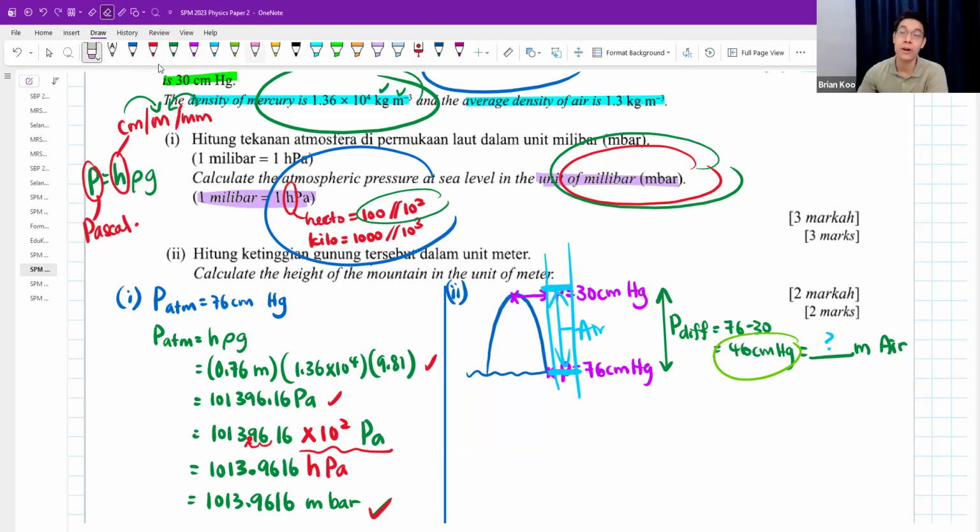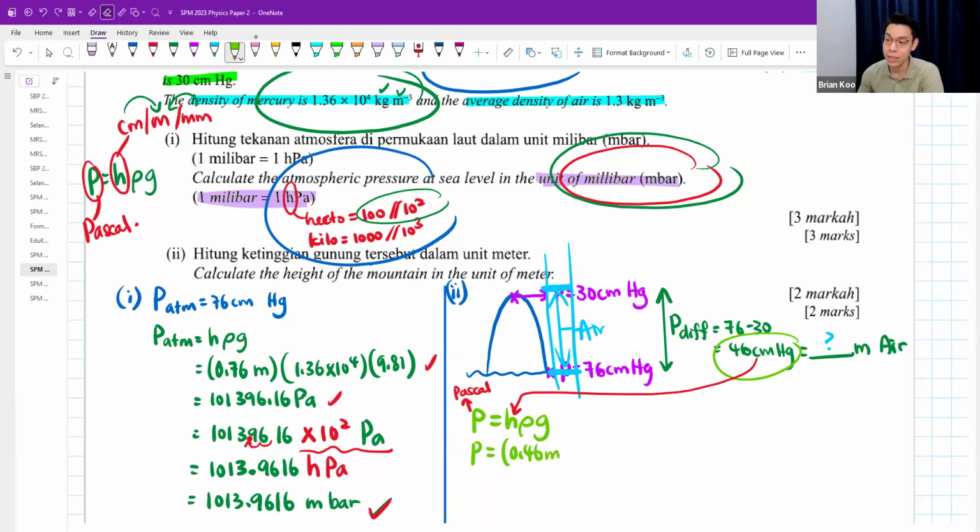You have to use the formula. But remember, right now you want to substitute in 46 cmHg. P will always give you Pascal. So you first change to meters.